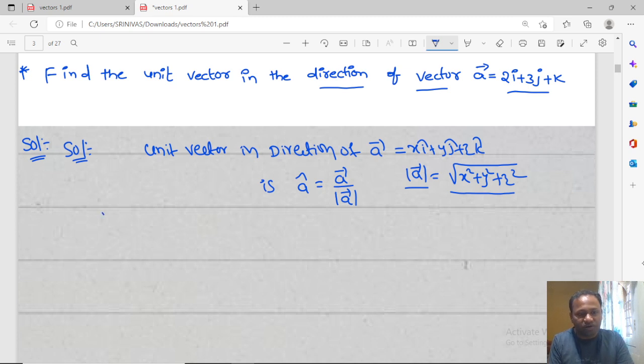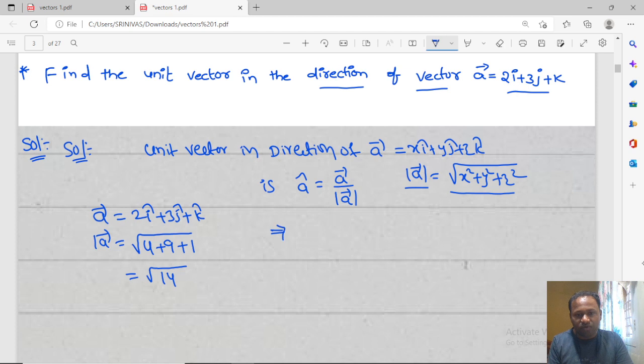In the question, what was given? A bar is equal to 2i plus 3j plus k cap. Then mod A bar is under root of 4, 9, 1, that is nothing but root 14.